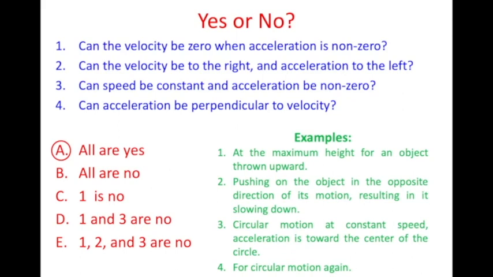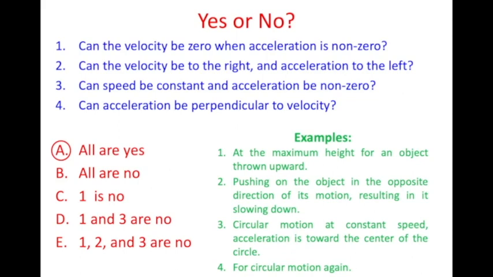We saw when a tennis ball was swinging in a circle, its speed is constant, right? It's moving around the circle, tracing out a path with constant speed. But at every point in time, that velocity is constantly changing direction, and that takes acceleration. That is a change in velocity. So it has a constant speed, but a non-zero acceleration.